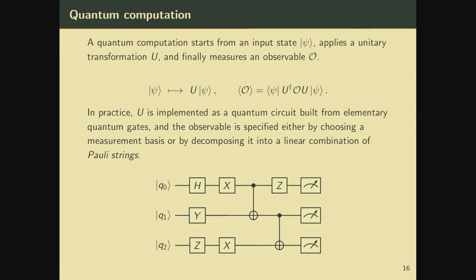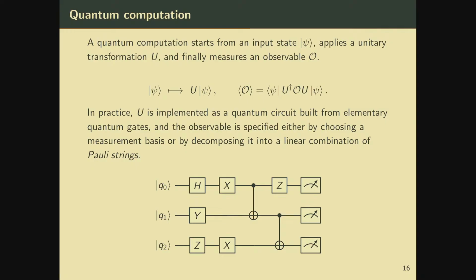So first, what's a quantum computation? For this talk, I will consider a quantum computation as something that takes n-qubit states, performs some unitary transformation, you get a new quantum state here, and for the outcomes you would like to measure some observable. Okay?